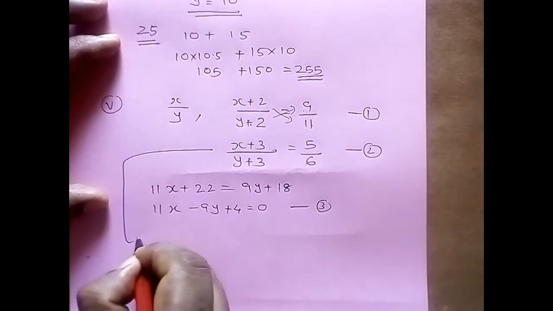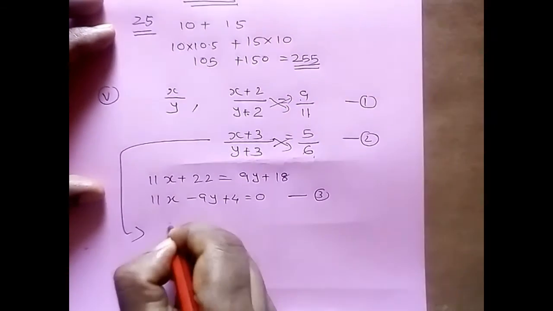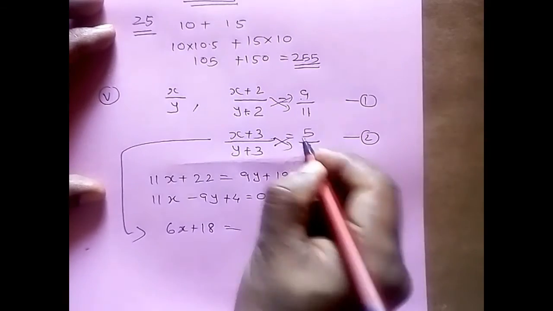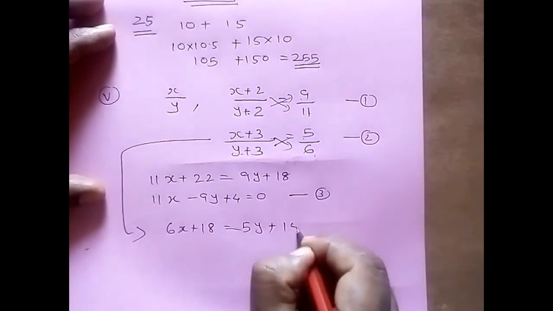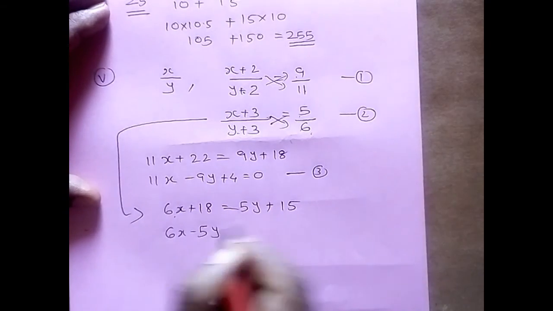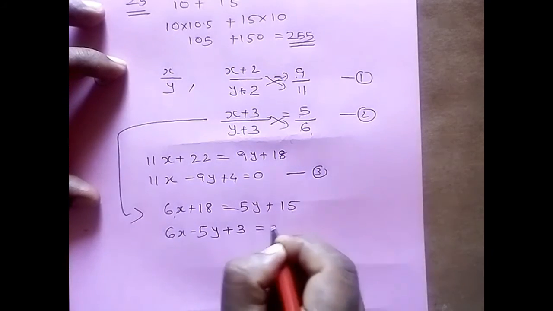And the second equation, we can cross multiply again. So 6x plus 6 into 3, 18, is equal to 5y plus 5 into 3, 15. So 6x minus 5y, 18 minus 15 is 3, plus 3 is equal to 0.